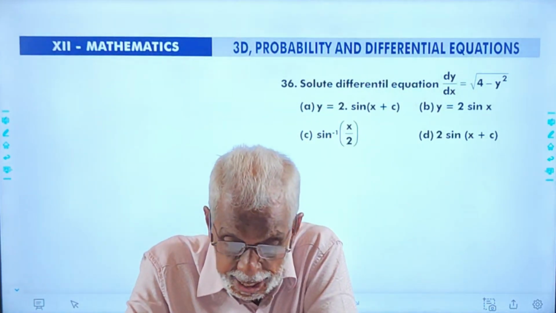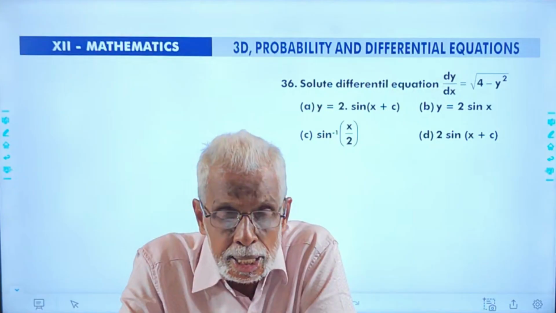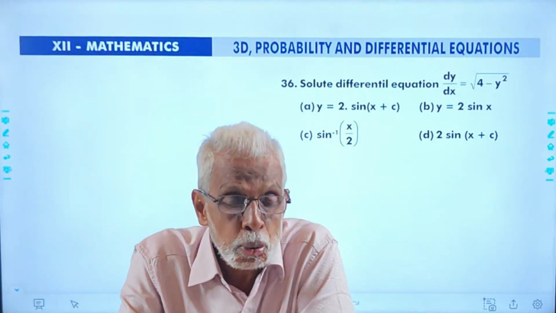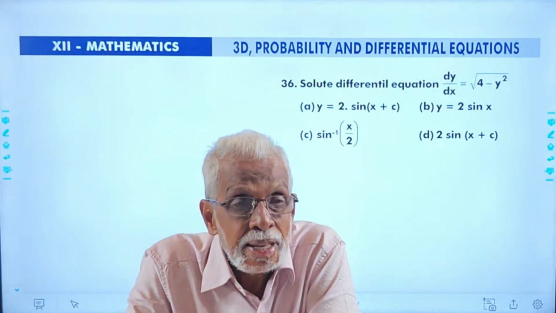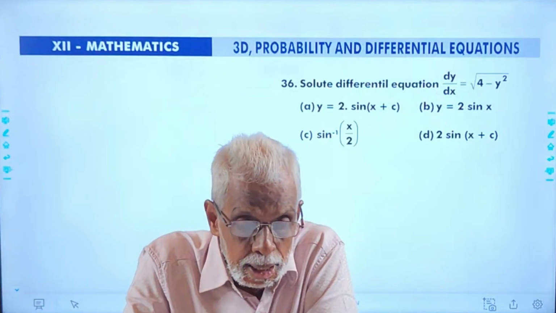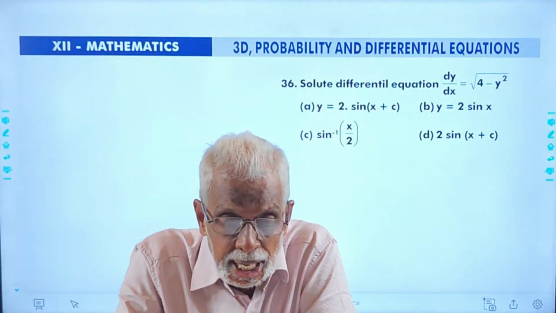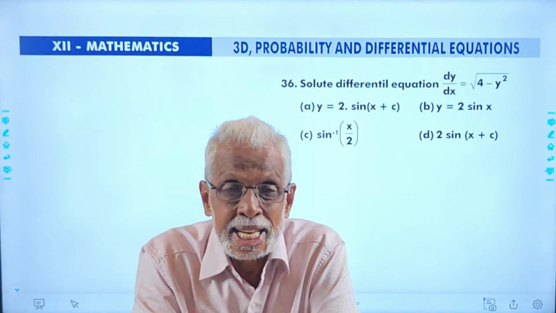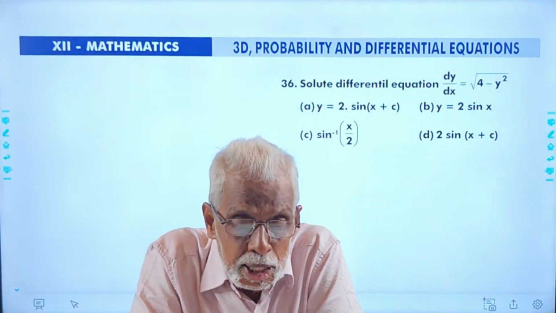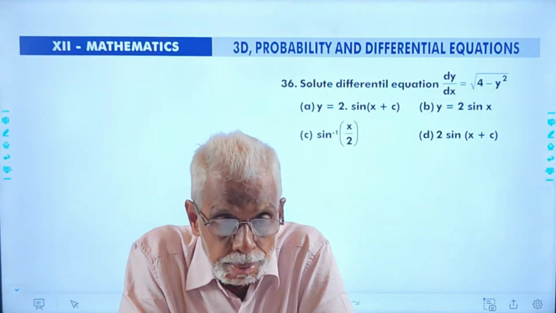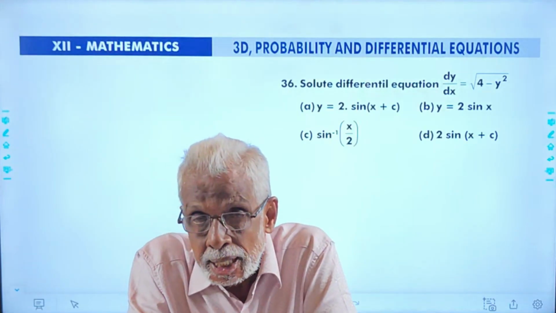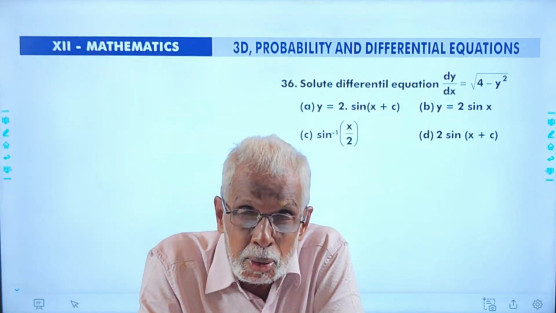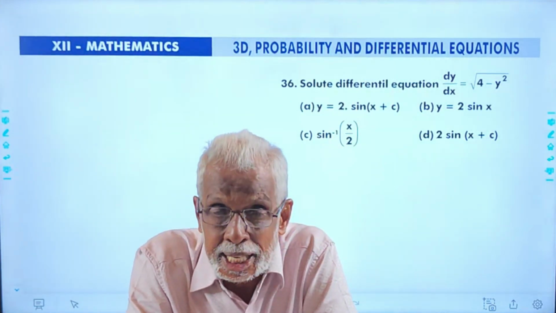Solution of the differential equation dy by dx is equal to root of 4 minus y square. We are given dy by dx is equal to root of 4 minus y square. Hence, we can write dy by root of 4 minus y square is equal to dx. Integrating, integral dy by root of 2 square minus y square is equal to integral dx.